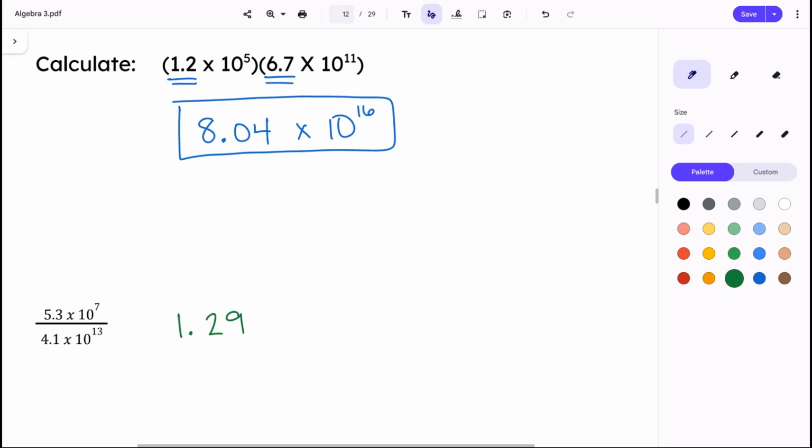And then times 10 to the what? -6. Good. And in this case, because it's scientific notation, you can leave that 10 to a negative power because this would be representing a really small number. Now, if I thought about this, this would be like 1 over 1.29 times 10 to the 6th power. That's still going to be really small. It's going to represent the same amount. Questions on scientific notation?